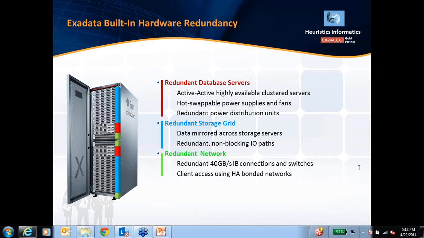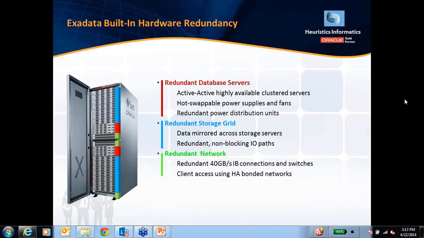So one of the other features, as we said, two things that the Exadata database machine does right out of the box. One is the extreme performance that it provides you due to the several engineering innovations built into it. The other is high availability out of the box because of the redundancy that is built into the Exadata at every level.